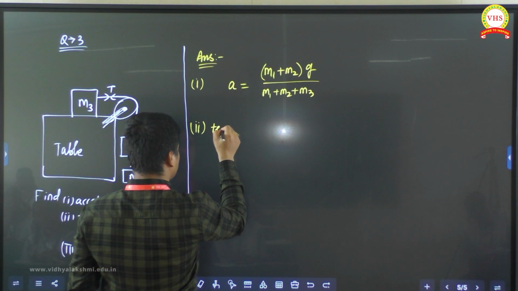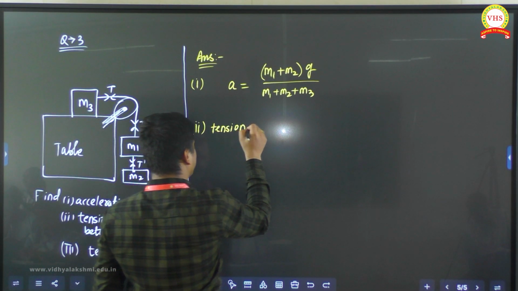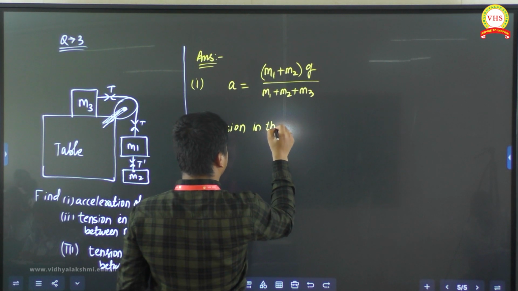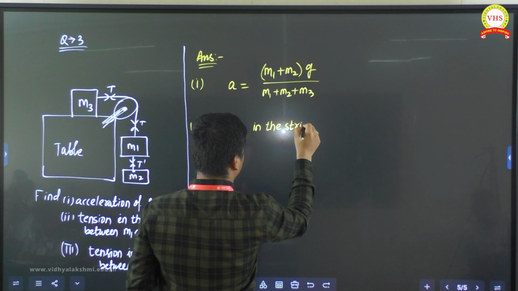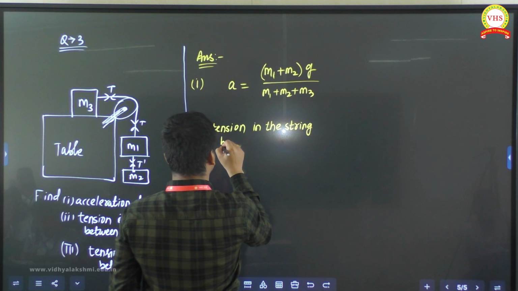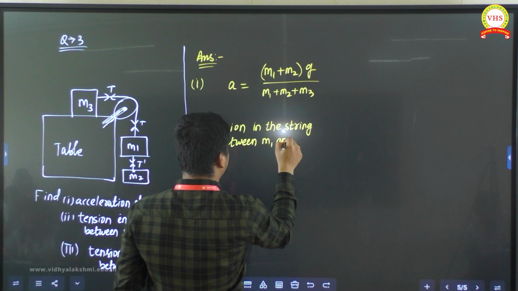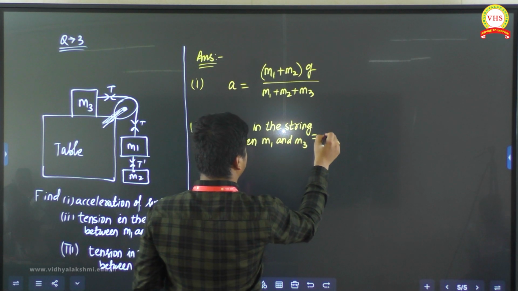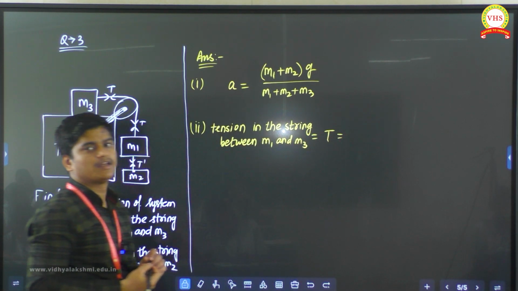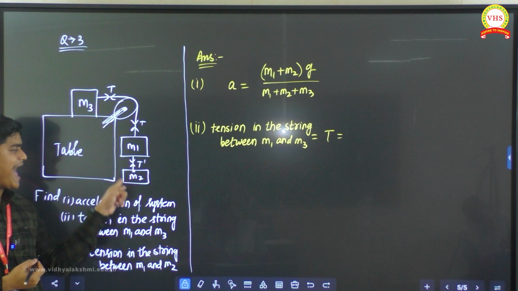So tension in the string between M1 and M3, that is T. T equal to how much? Now, see here, this is your hanging mass.